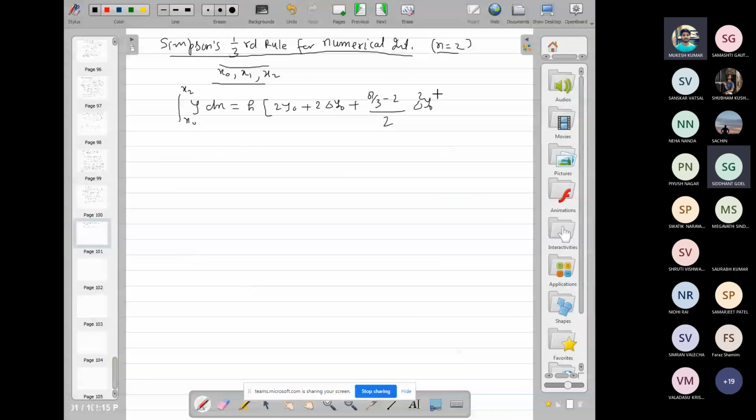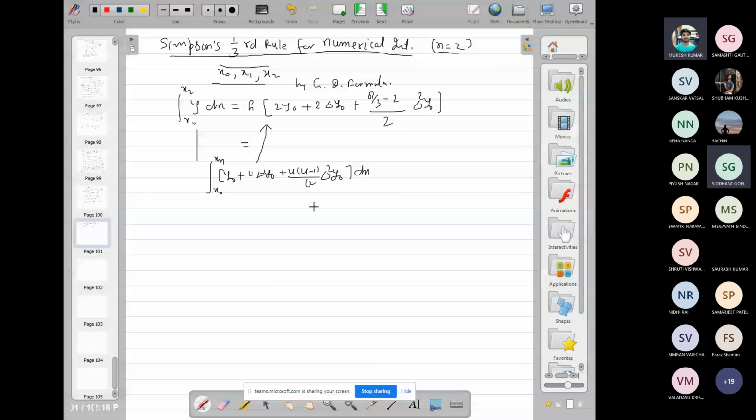This is by the general quadrature formula. Directly you can obtain this by taking the integral from x0 to xn of (y0 plus u del y0 plus u(u minus 1) by factorial 2 del 2 y0) dx, and integrating this we obtain this.